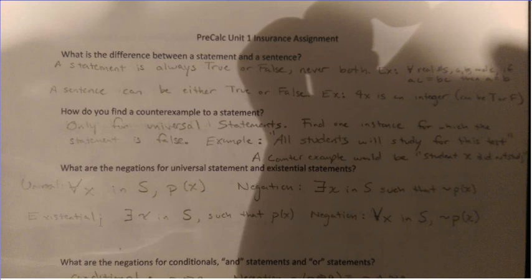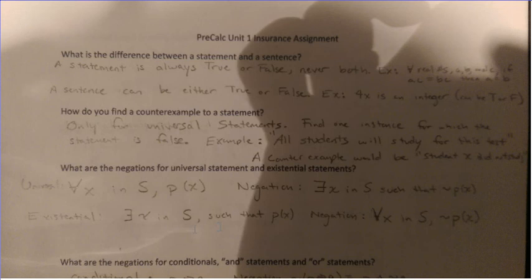For the existential statements, there is an x in S such that P of x. So it's the opposite. Let's say I have one thing that has one property. For example, I have one student in A2 with brown hair. Let's just say that was my statement.